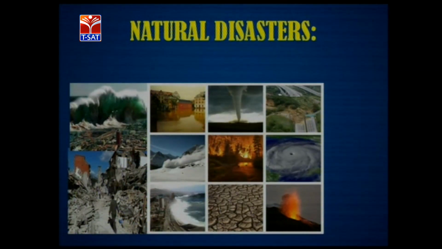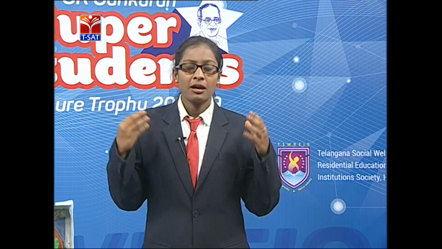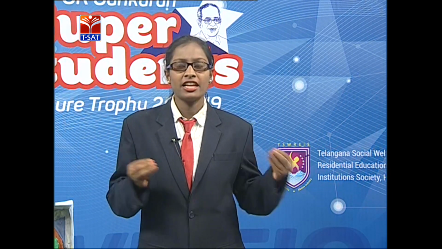Moreover, in the first slide, you can see tsunamis and tornadoes, floods, collapse of buildings due to earthquakes, and forest fires, hurricanes, volcanic eruptions, drought conditions, and so on. All these are due to human activities, but moreover it is mainly due to the natural forces which are affected by the greenhouse effect and global warming especially.